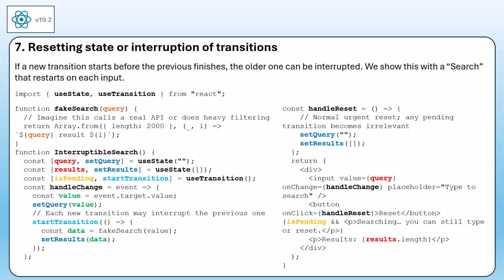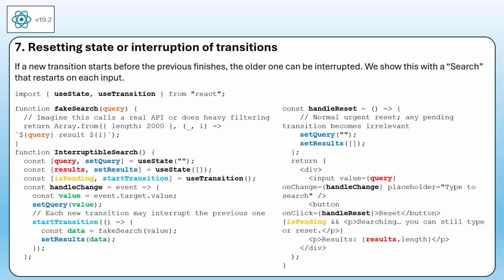7. Resetting state or interruption of transitions. One of the benefits of marking work as a transition is that it can be interrupted by more urgent updates. For example, if the user clicks something else while the transition is still running, React may abandon or restart that transition in favor of the new urgent update.